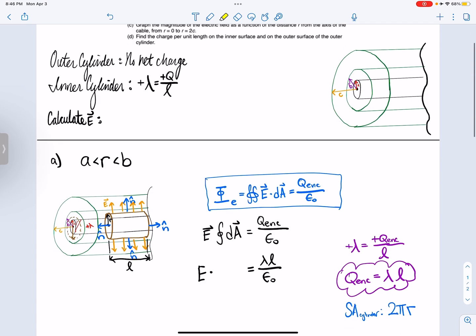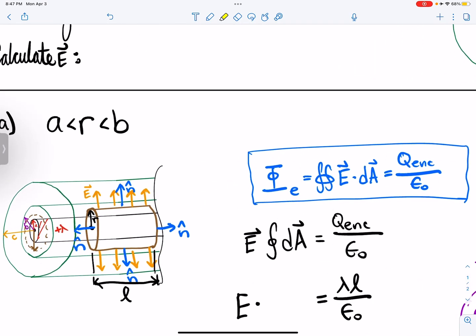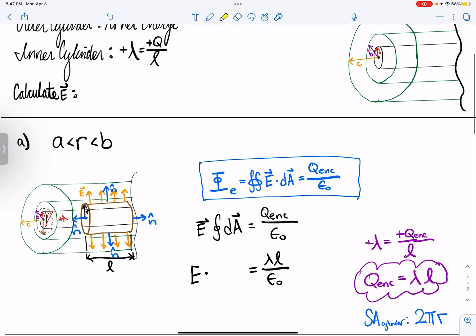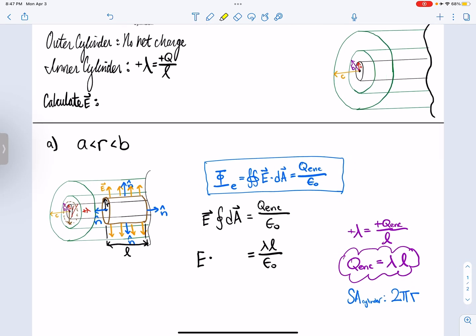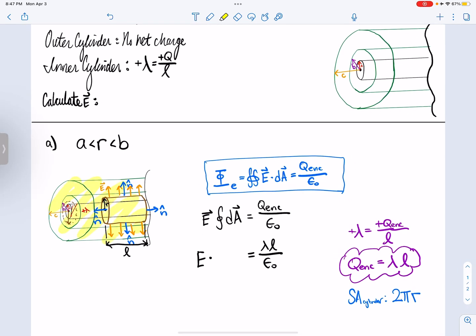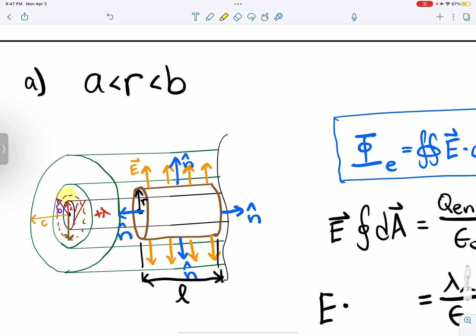I've drawn that in this diagram here. So we want to get here between radius A and radius B, I want to find the electric field here.